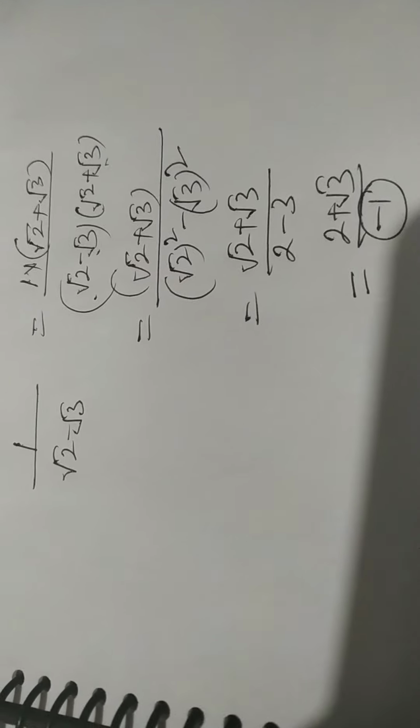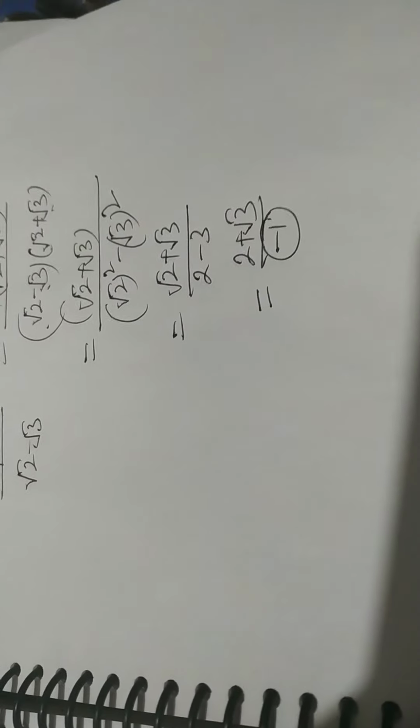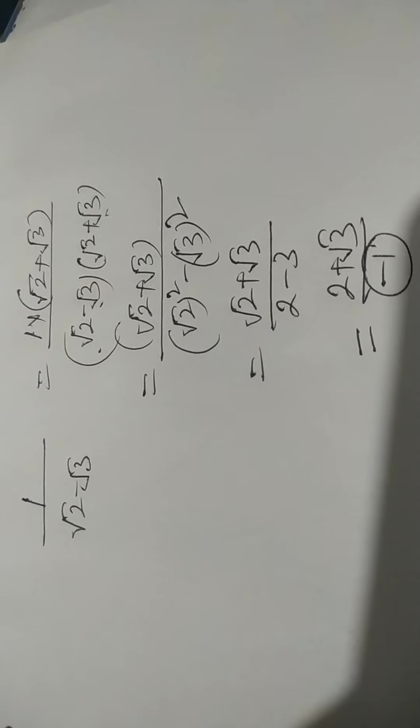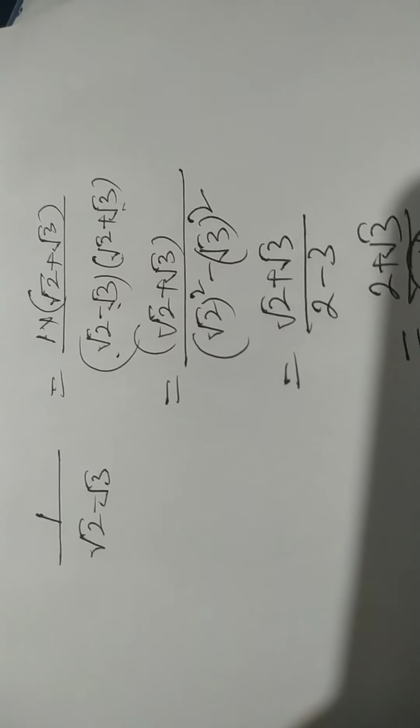What have we done in the denominator? Whatever the sign is between the two numbers, whether one is rational and one irrational or both are irrational, we multiply by the opposite of that sign. We are talking only about the sign between these two numbers.